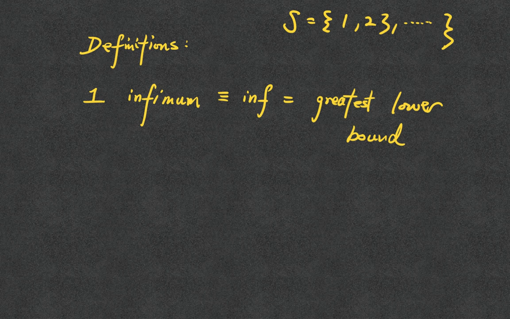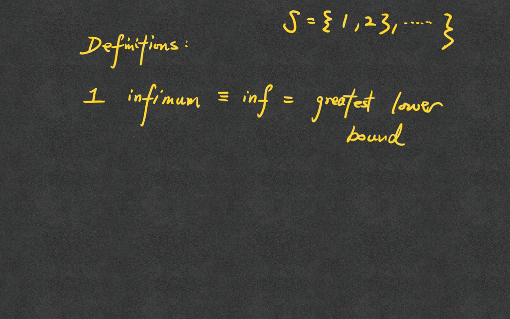So the smallest one is 1. So this is the greatest lower bound for that set, because it doesn't contain 0, and it contains things approaching infinity, but infinity is also not contained in this particular case. So basically it is a lower bound that is just at the boundary. Does that make sense?